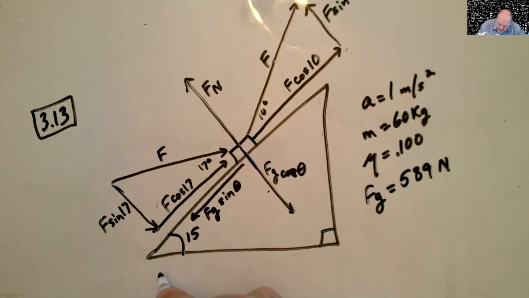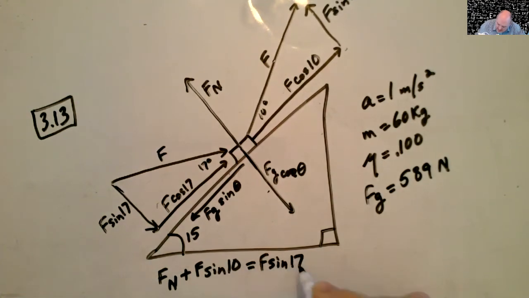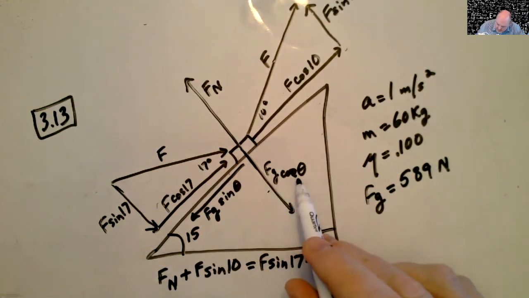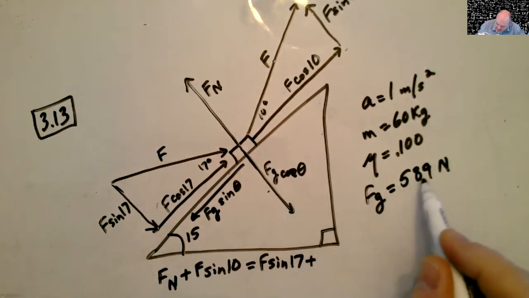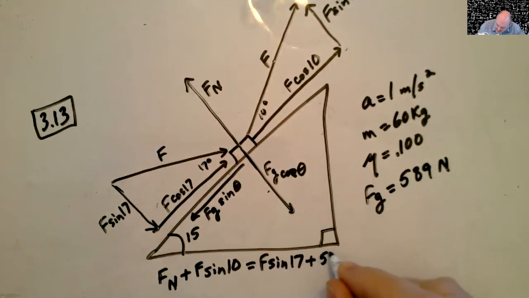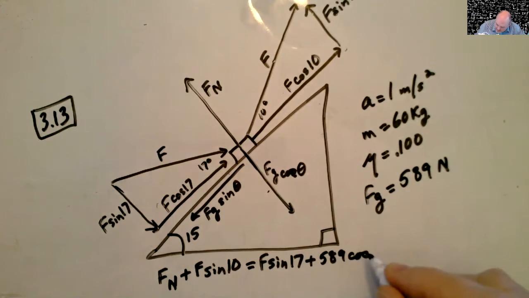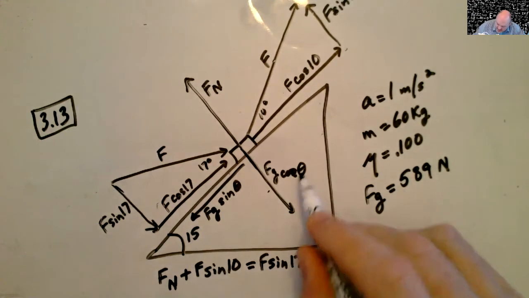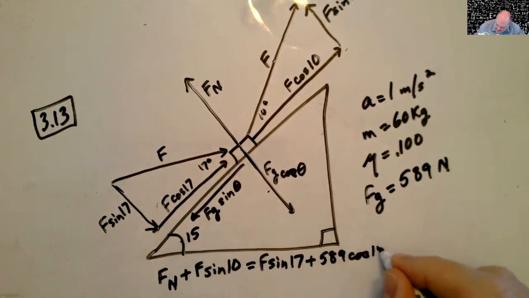I can say Fn plus F sine of 10 should equal F sine of 17 plus Fg cosine theta. Now Fg is 589, so I'm going to put 589 in for that, so plus 589 cosine of theta, and this theta is this angle here, so it's 15.